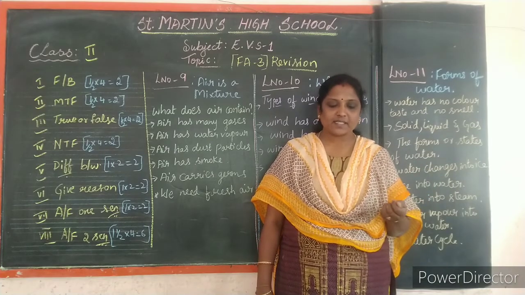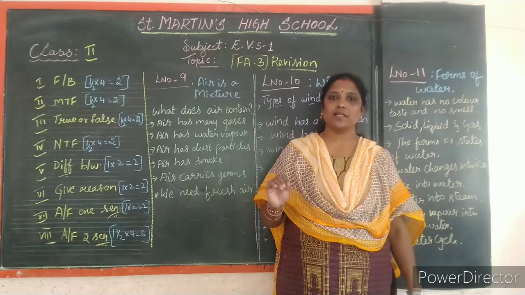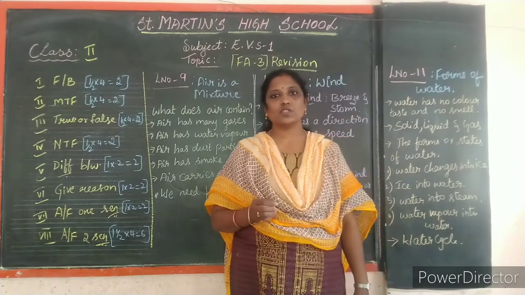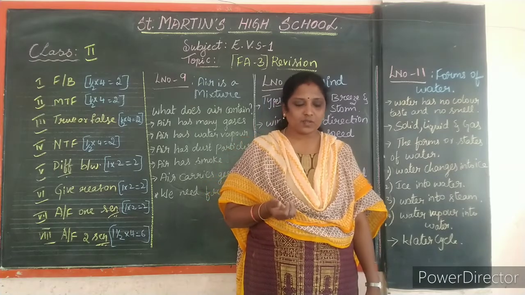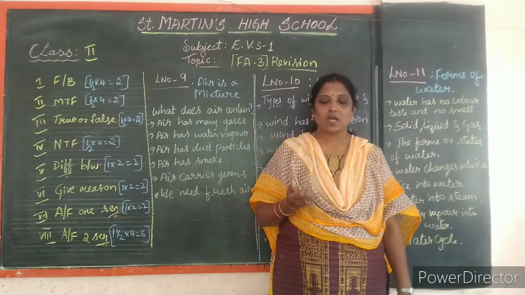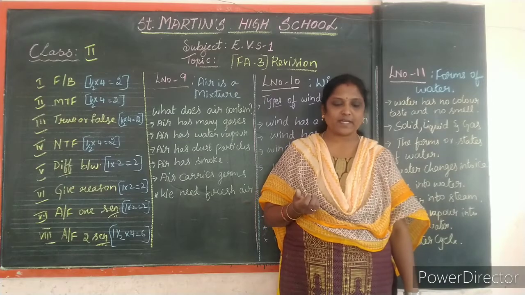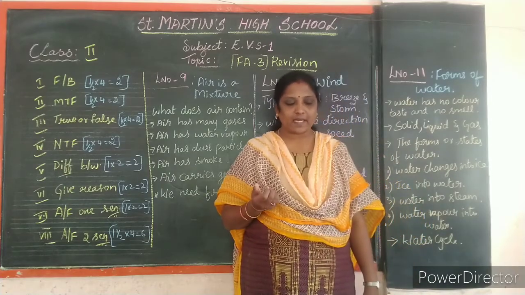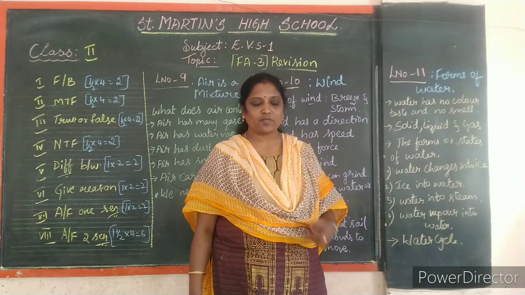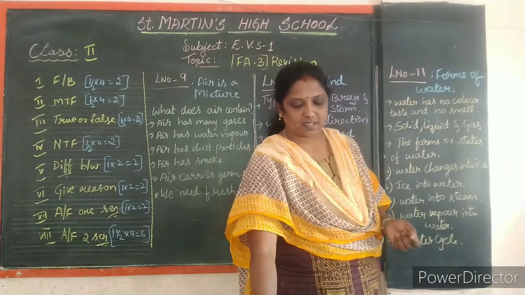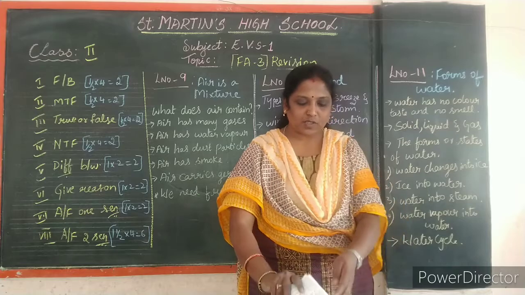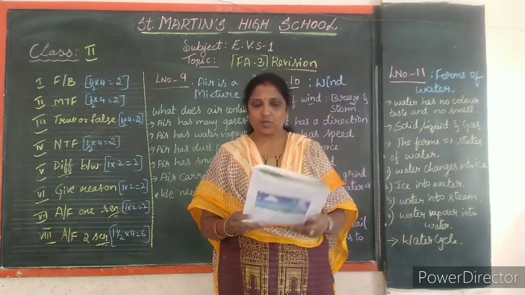After some time, when you remove the lid, you can see small droplets under that lid. This happens because hot steam cools down on touching the cold lid and changes into drops of water. So this process is called condensation. Here water vapor is cooling and changing into water.